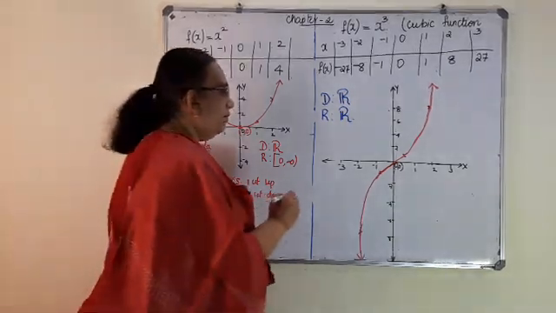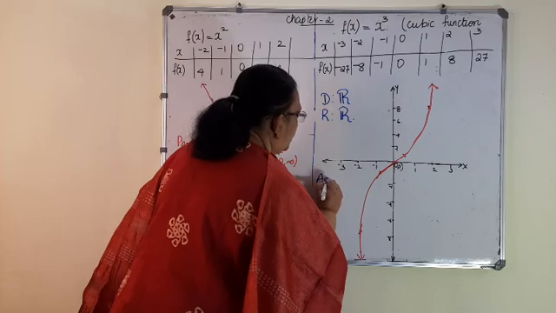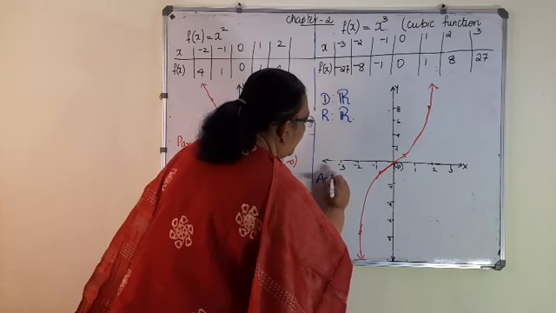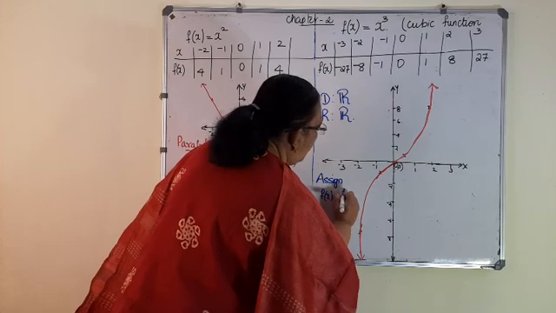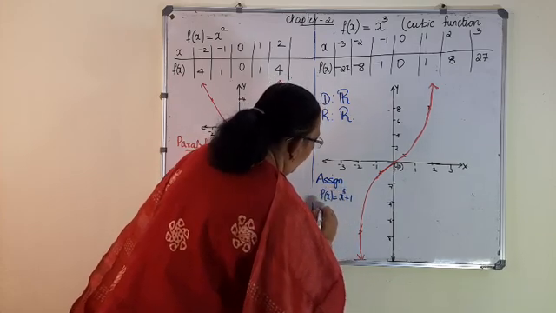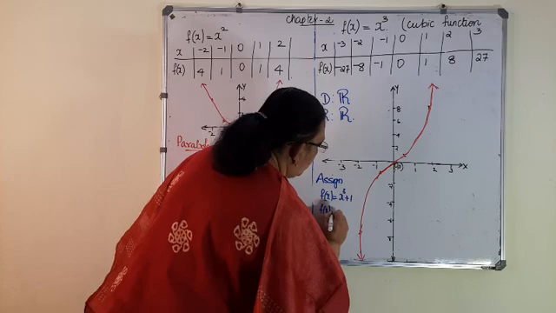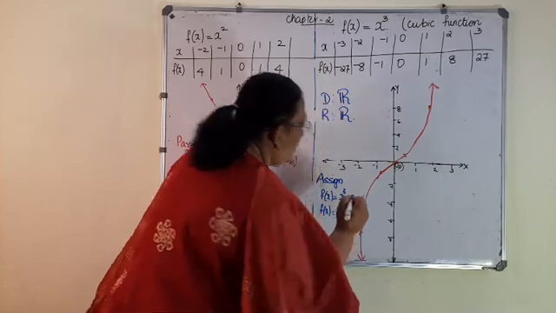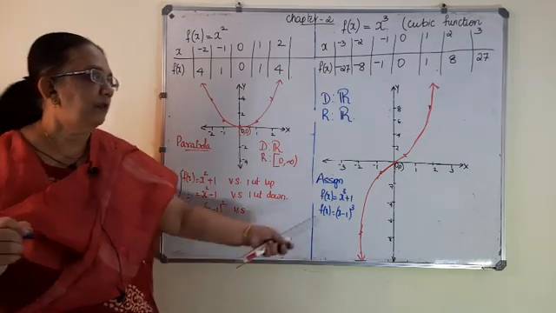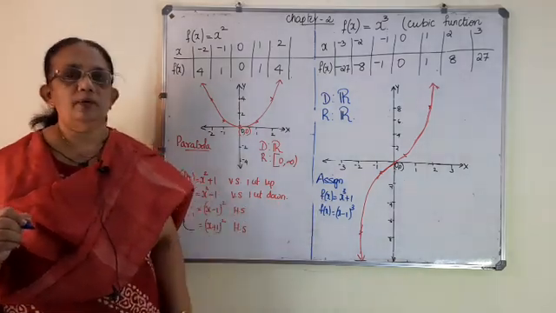Now, as an assignment, you can construct the graphs f of x is equal to x cubed plus 1 and f of x is equal to x minus 1 the whole cubed. That is one with vertical shifting and one with horizontal shifting.